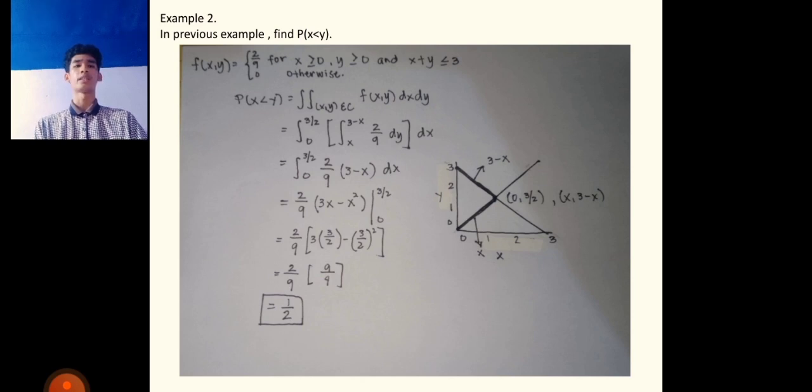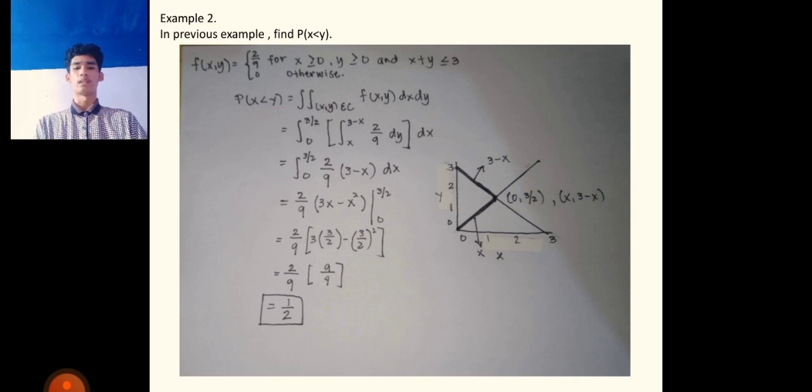So the first integral has the upper bound of 3 halves and the lower bound of 0. 3 halves, because they cross between 1 and 2, so the interval of the outer integral is 0 to 3 halves.